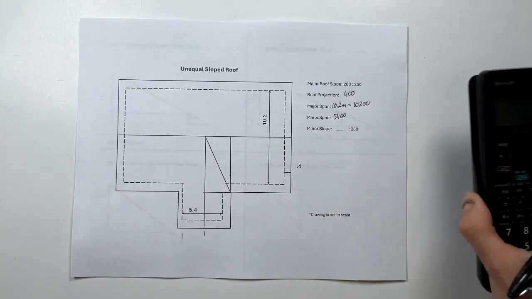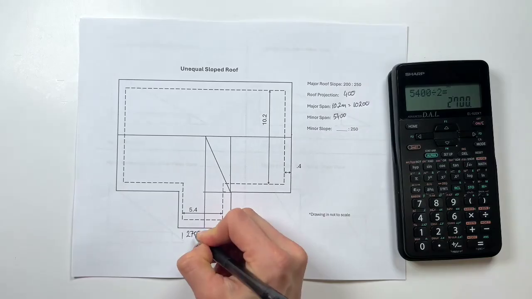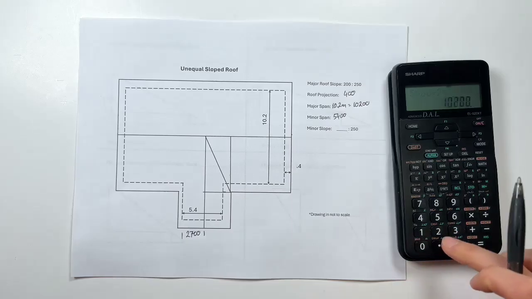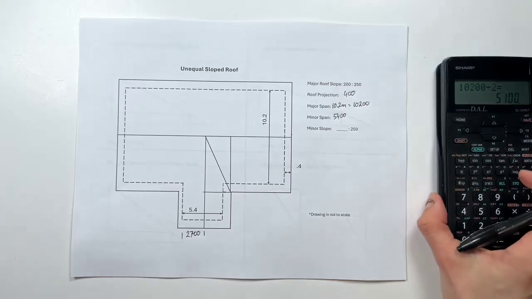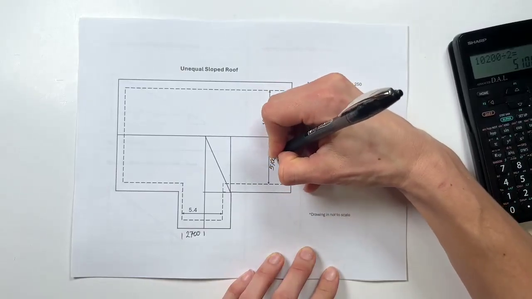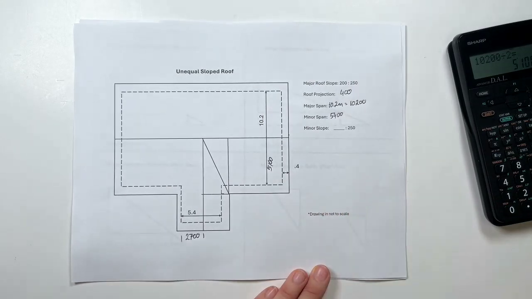So 5,400, you're welcome to pull out the calculator, divide it by 2, gets us 2,700 right there. And for the 10,200, gets us 5,100 right here. 5,100. And then we'll have our 400 projection as well. Our minor slope, we don't have that one yet, but we will get back to that in a little while.